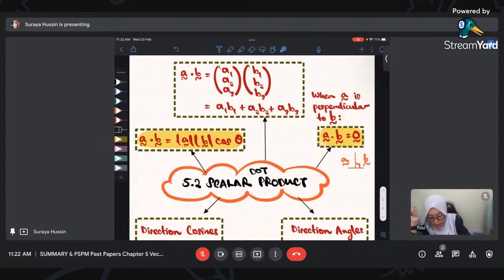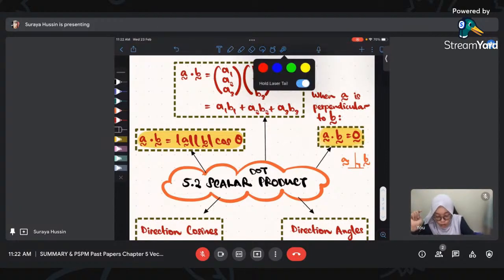Okay, formulanya adalah A dot B. This is the formula. It always like this. A dot B with a vector sign here, okay? Then equals to modulus. Magnitude of A times magnitude of B times cos theta. Always cos theta, bukan sin. Untuk scalar sentiasa cos theta.